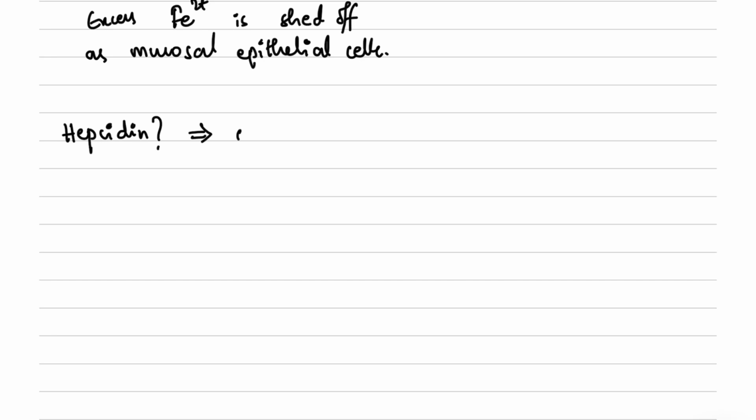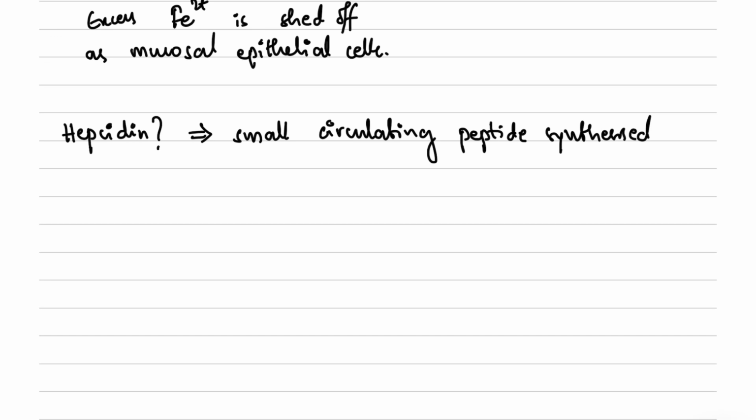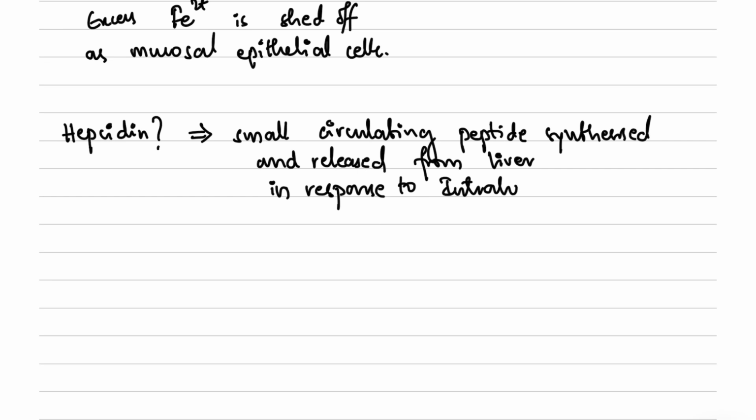Hepcidin is nothing but a small circulating peptide synthesized and released from the liver in response to intrahepatic levels of iron. So this is the hepcidin.